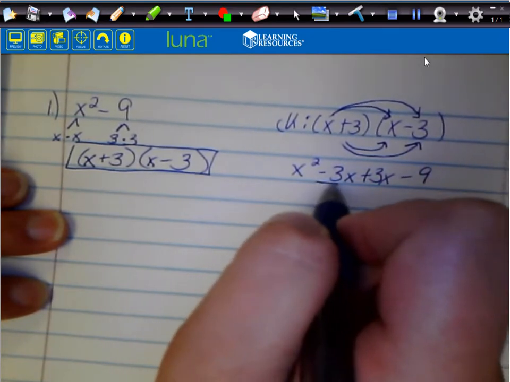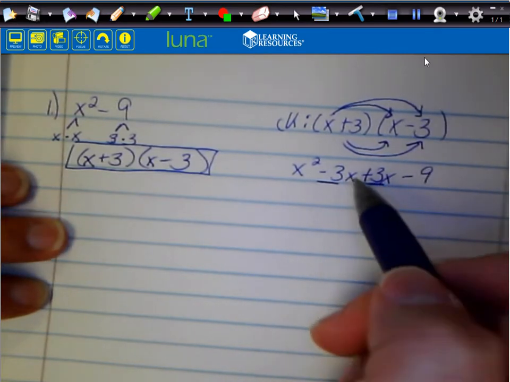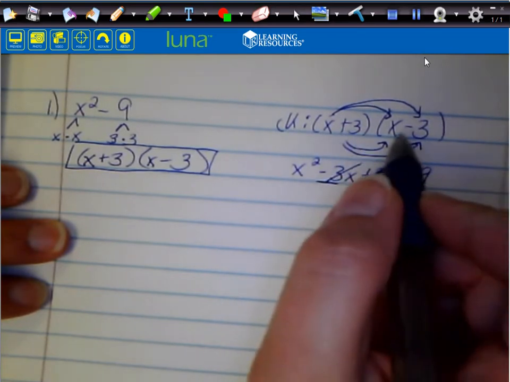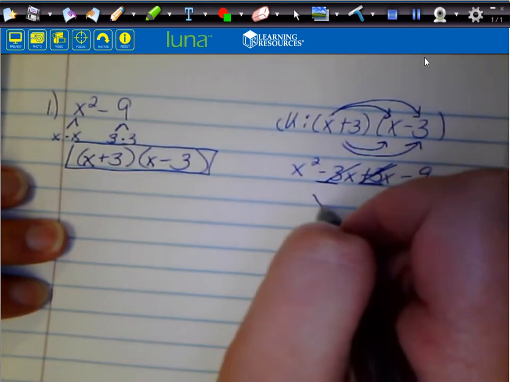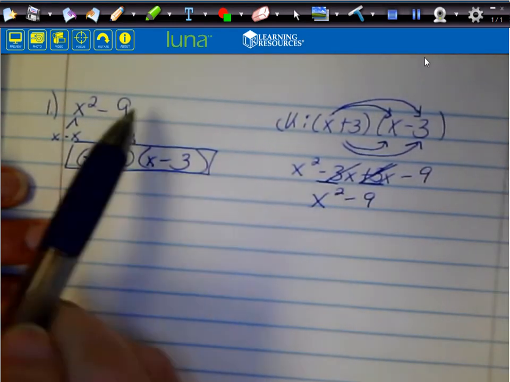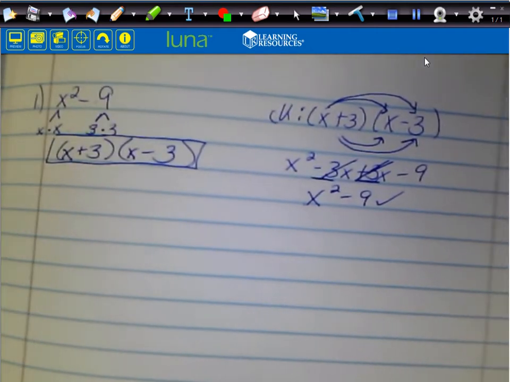And then if you look at the two middle terms, you have a negative 3x and a positive 3x. So those are actually going to cancel, which is exactly what they should do. That's why you have to have a plus sign in one and a minus sign in the other. And I'm left with x squared minus 9. And x squared minus 9 is exactly what I started with, so it checks out. Please make sure you have the work and the check written for number 1 before you move on.